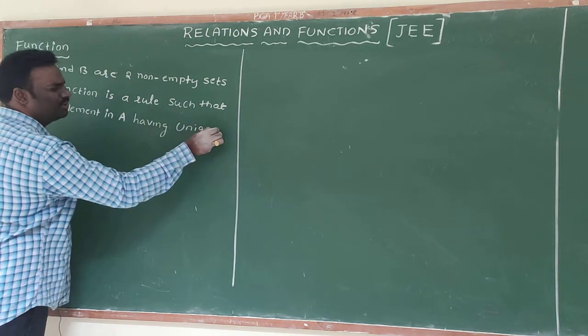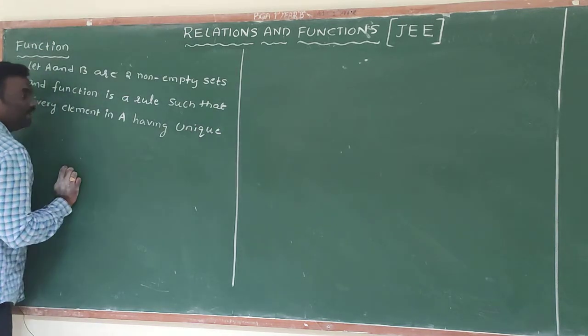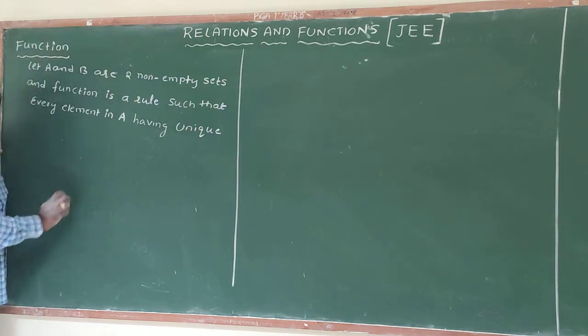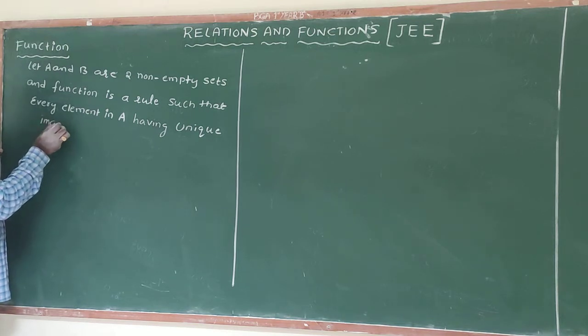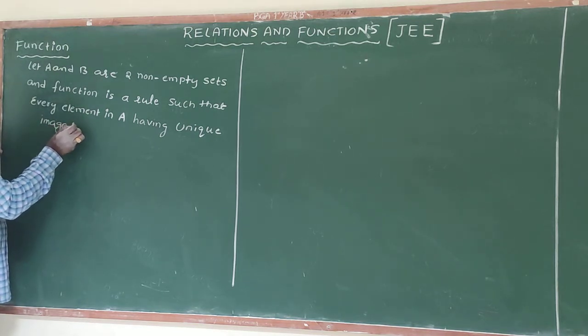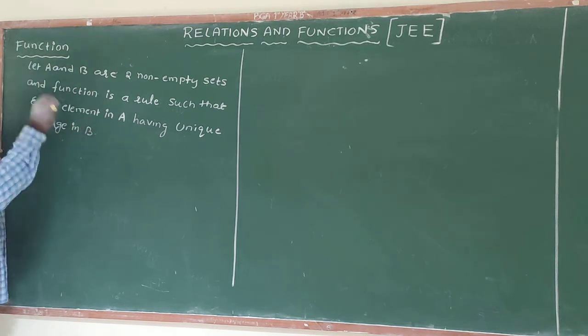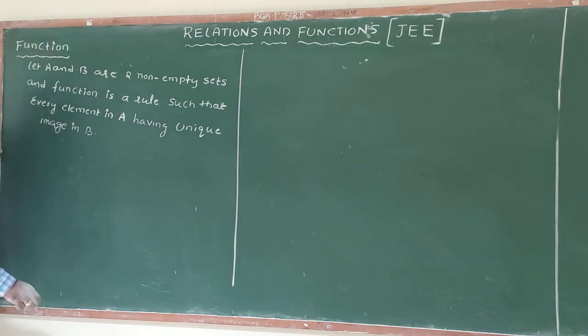Unique means what? Only one. Every element in set A has one and only one image in set B, then it is called a function.